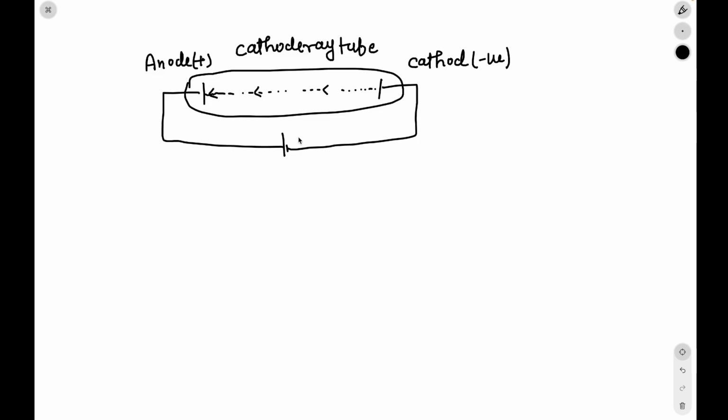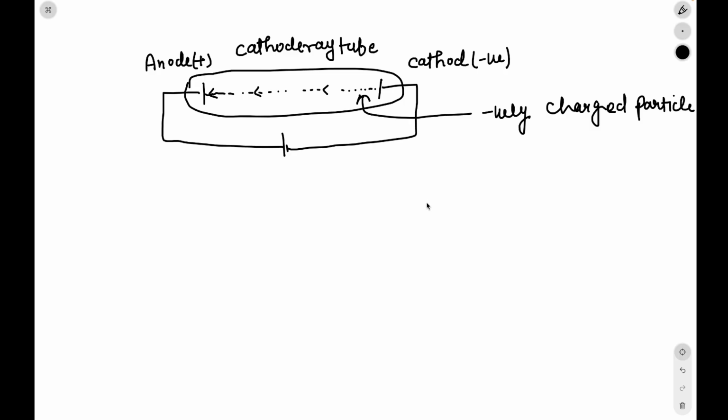So with this experiment, he concluded the rays were made up of negatively charged particles. These negatively charged particles are called electrons. An electron is present in all atoms, and atoms are not indivisible.